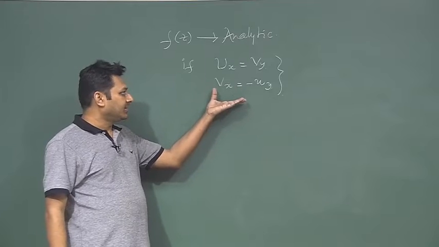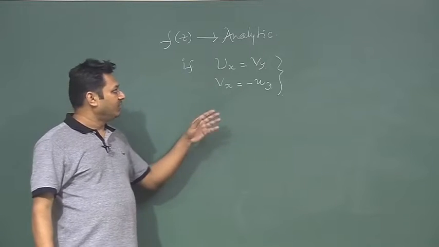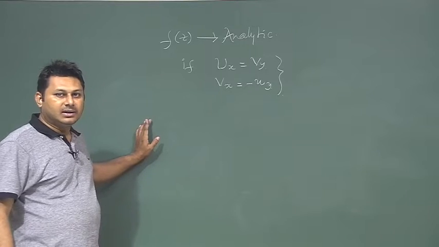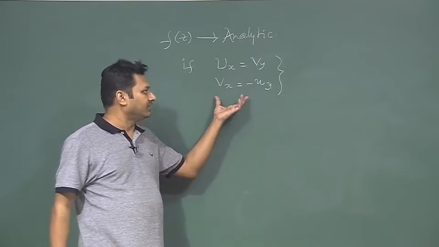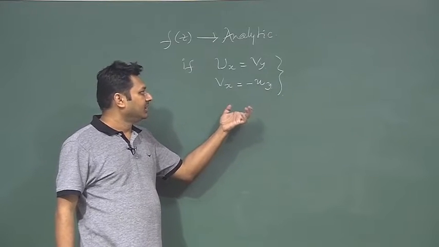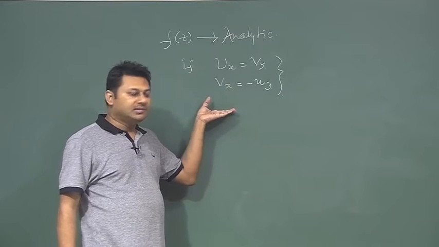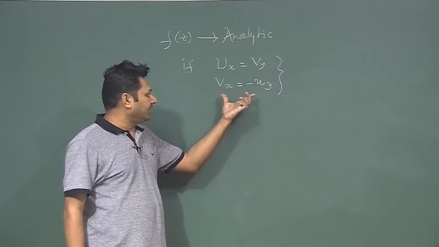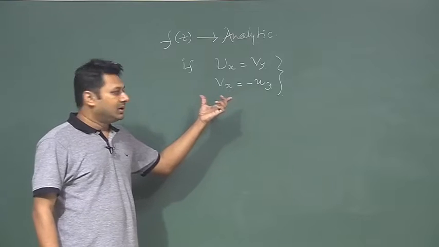So, this CR equation should be satisfied. If this is satisfied, which is a necessary condition but not the sufficient condition as I mentioned, we will go with this necessary condition and say that if this relationship is followed, then we can say the function is analytic.